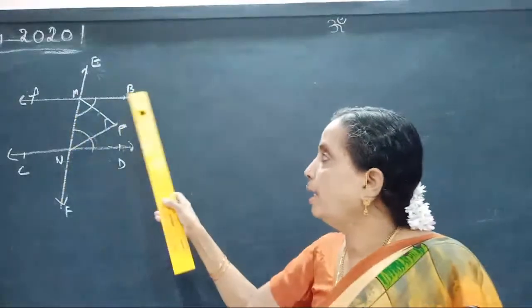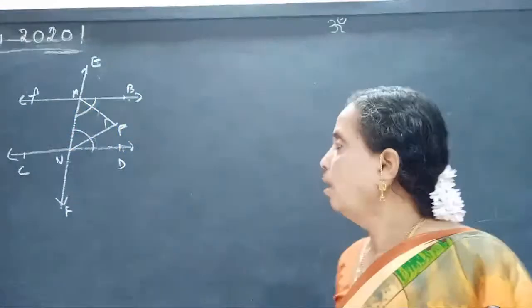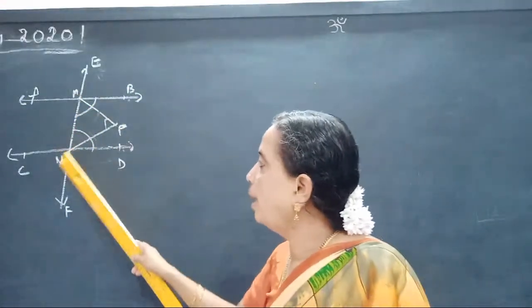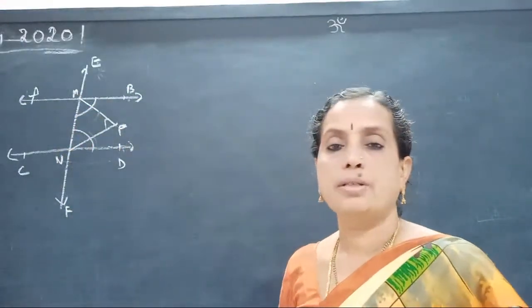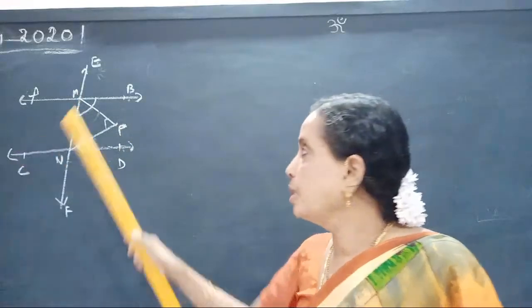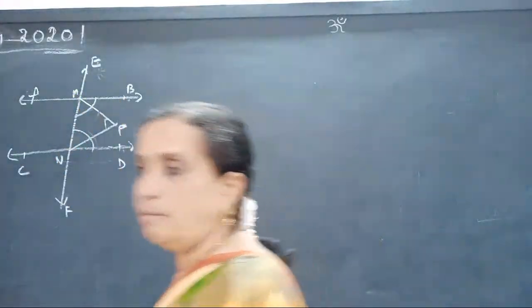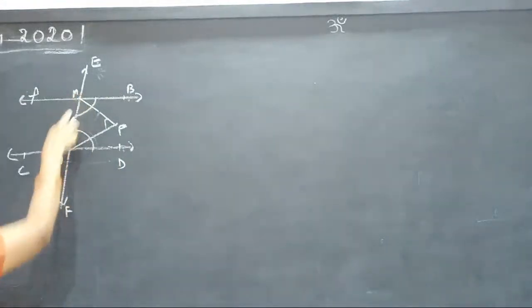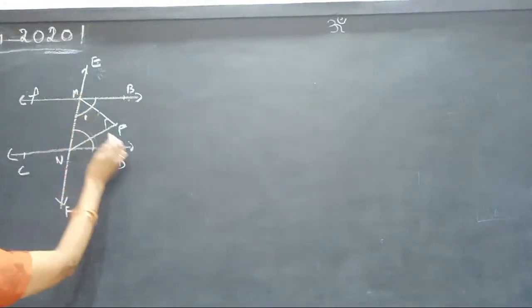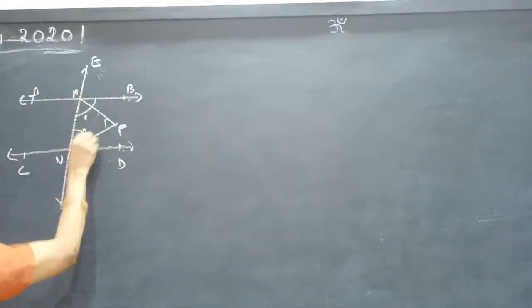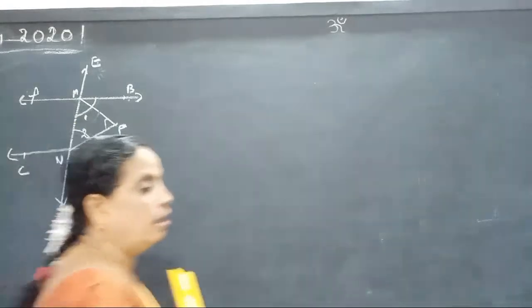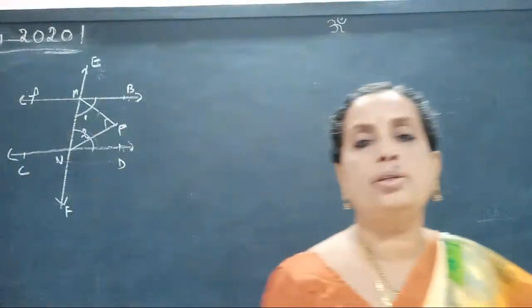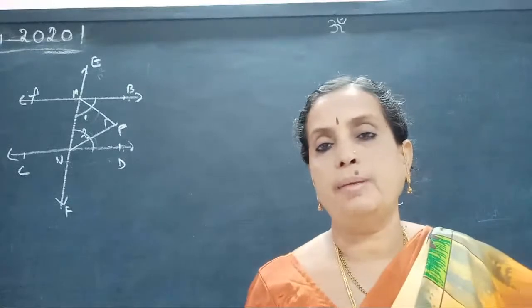Half of angle BMN plus half of angle MND equals 90 degrees. Since it is a bisector, we consider half of angle BMN as 1 and this angle as 2. You will get the result angle 1 plus angle 2 equals 90 degrees.